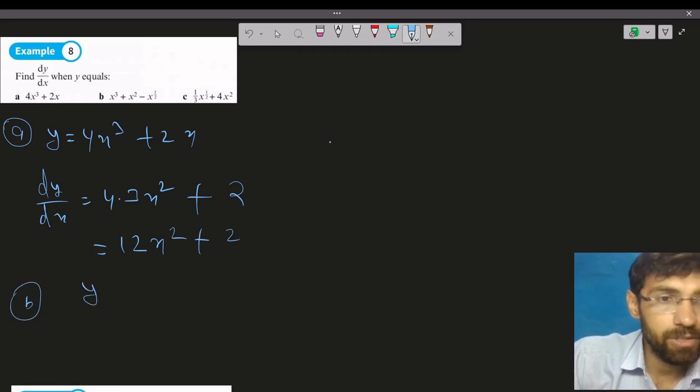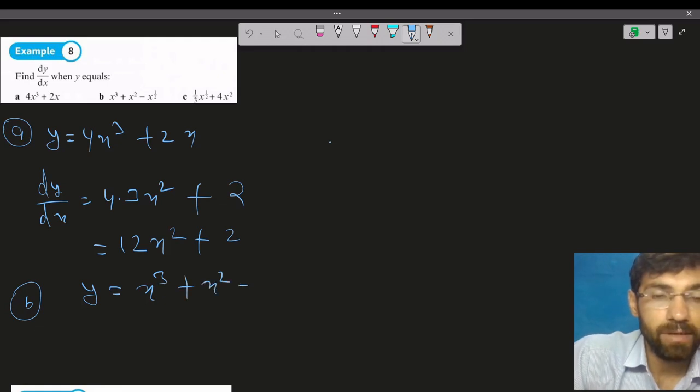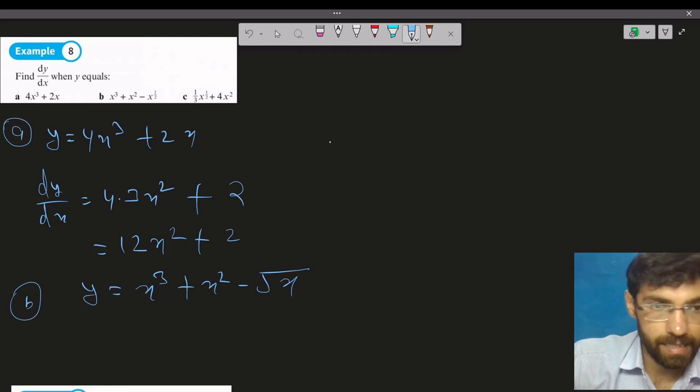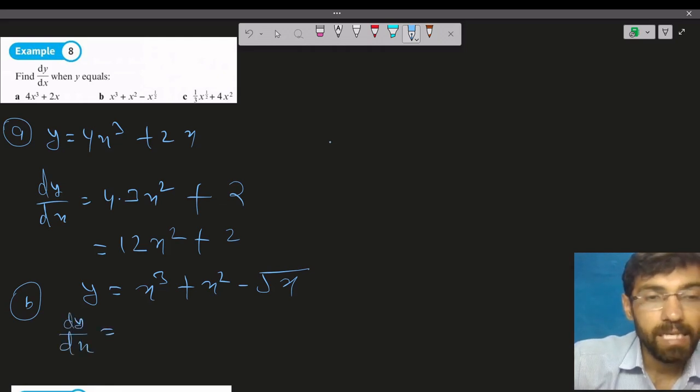Part B is y equals x cube plus x square minus x raised to half. Can I write it as root x only? Yes. So differentiation of y will be dy by dx. Differentiation of x cube is 3x square. Since it is plus, I will write plus here. Differentiation of x square is 2x. And the minus I will keep as it is, and differentiation of root x.